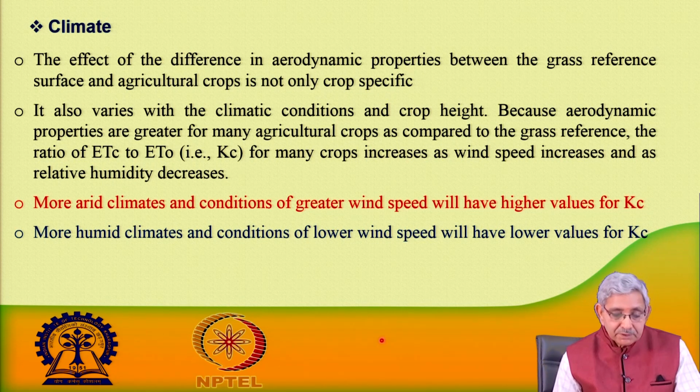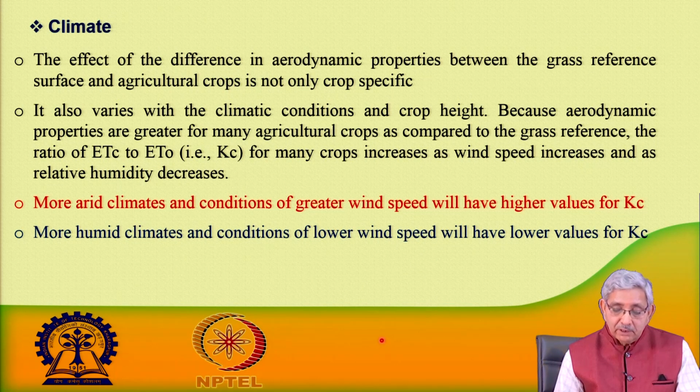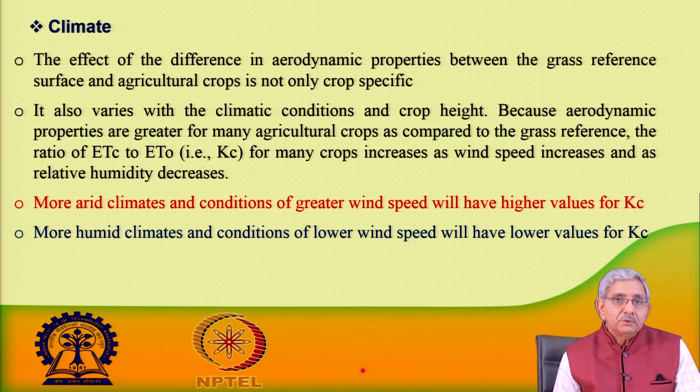Climate does influence, so it is the wind. The aerodynamic property between the grass reference surface and agricultural crop is not only crop specific, but it also varies with the climatic condition and crop height, because aerodynamic properties are greater for many agricultural crops compared to grass reference. Kc is the ratio of ETc to ET0.